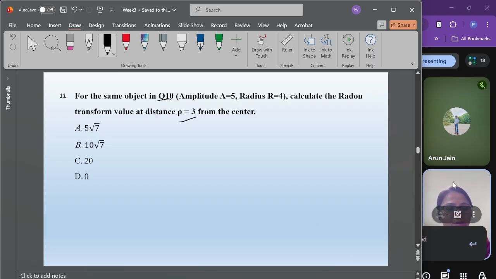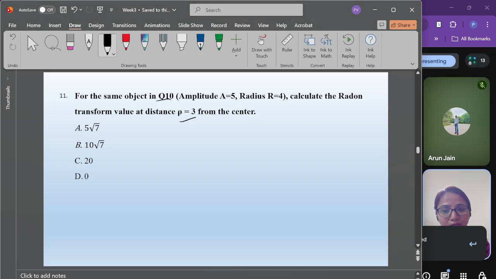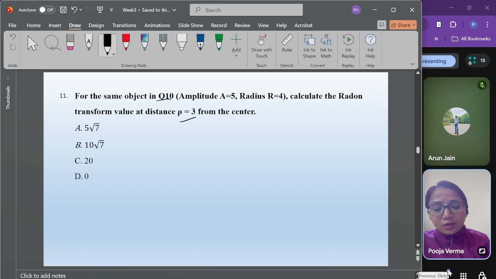So now, how do we calculate this one? Already we know the Radon transform of a circle.